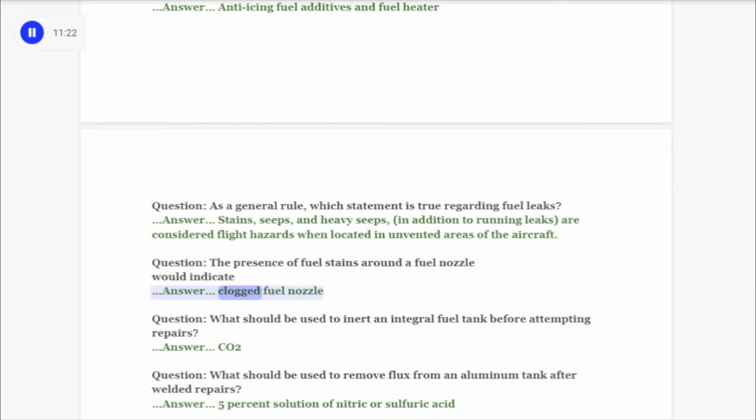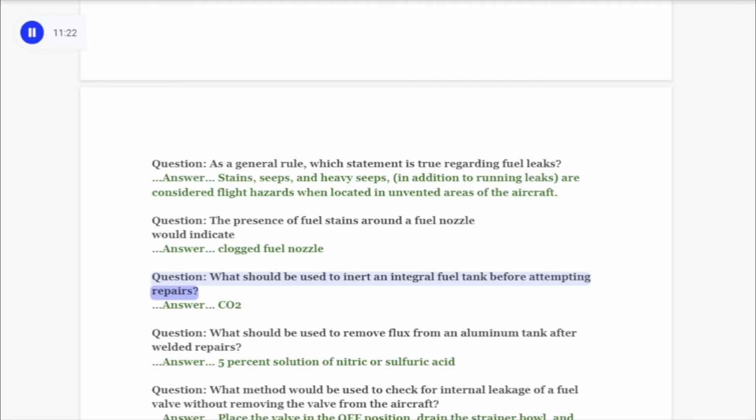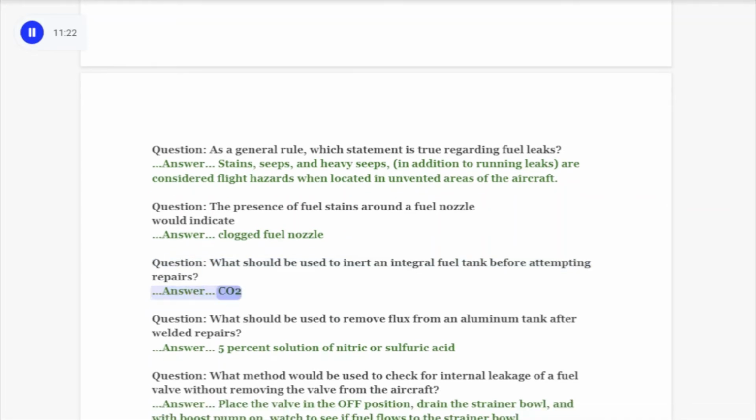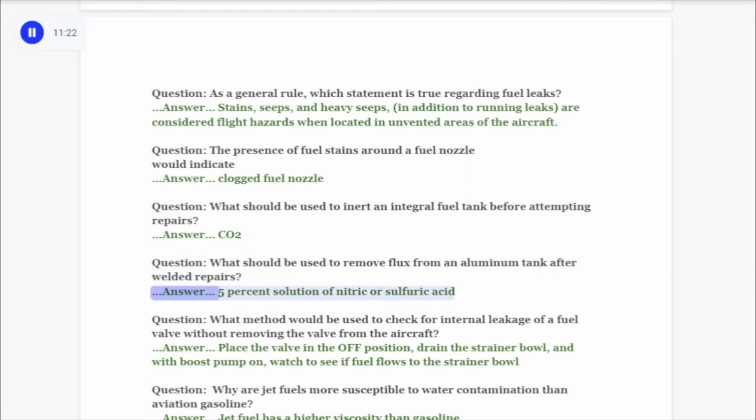Answer: clogged fuel nozzle. Question: what should be used to inert an integral fuel tank before attempting repairs? Answer: CO2. Question: what should be used to remove flux from an aluminum tank after welded repairs? Answer: 5% solution of nitric or sulfuric acid.